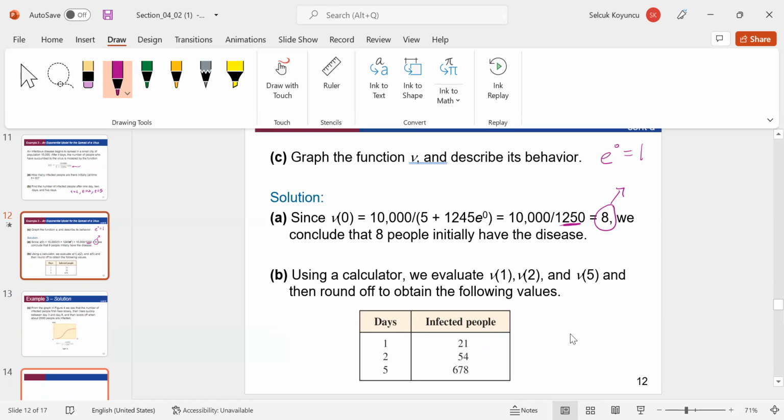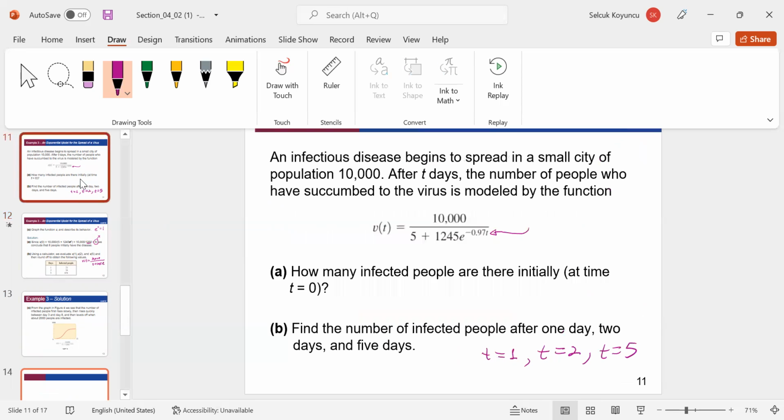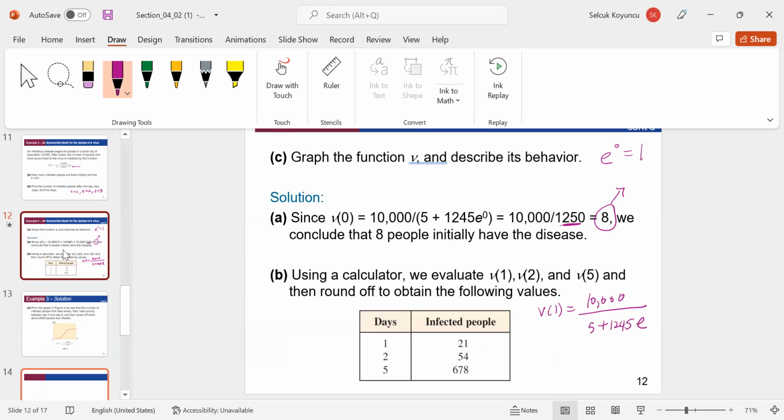And now after 1 day, let's look at the number. You're going to do V1 equal 10,000 divided by 5 plus 1245 e to the negative 0.97 times 1.